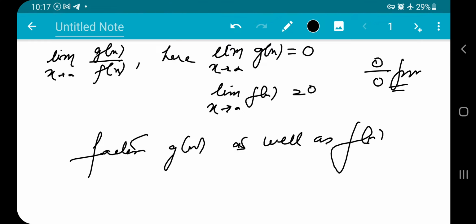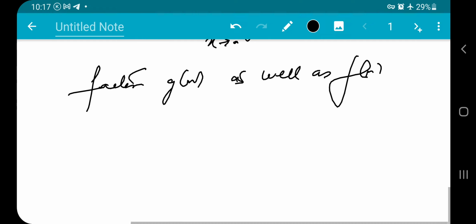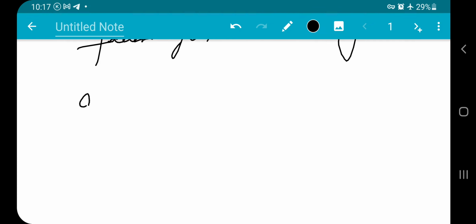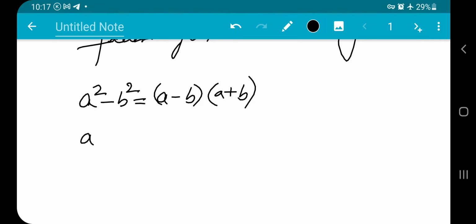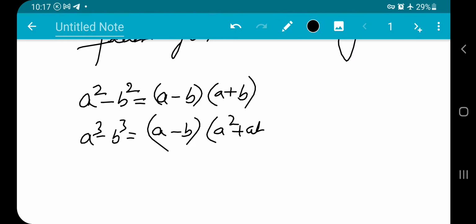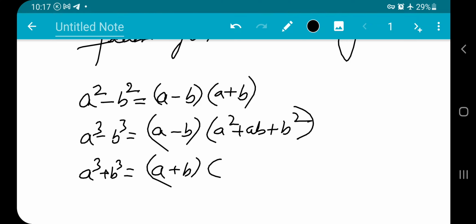Let's see some factorization methods which we should know, some identities. Next one we need: a cube minus b cube, it is a minus b, a square plus ab plus b square, and a cube plus b cube, a plus b bracket a square minus ab plus b square.